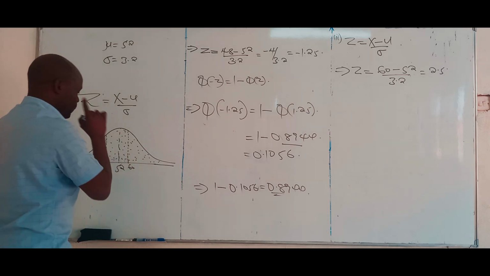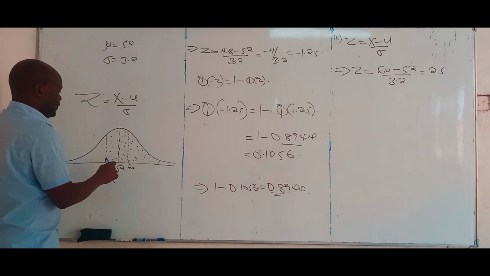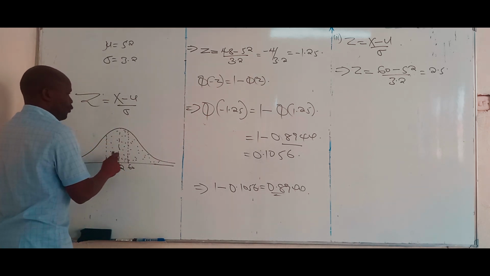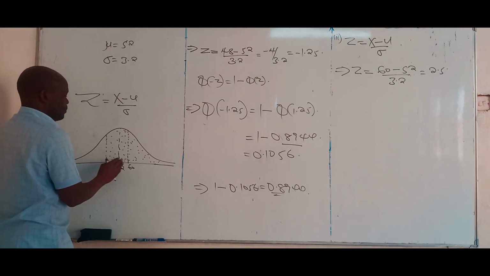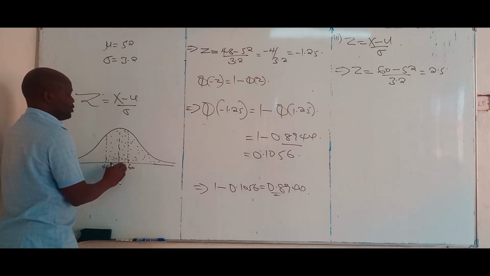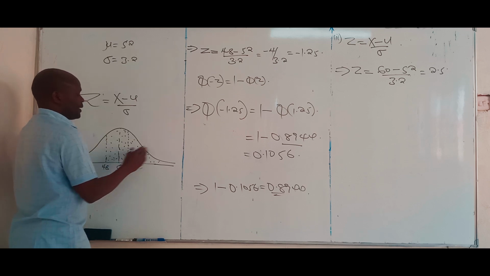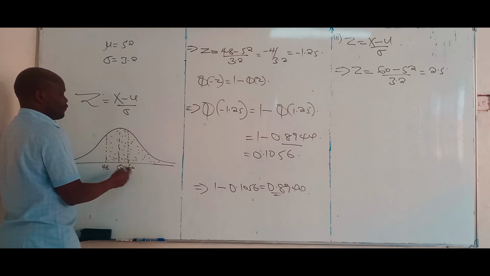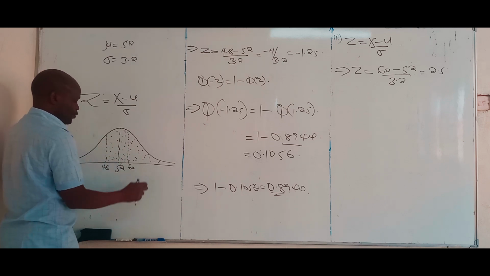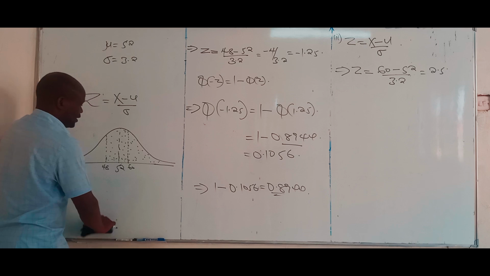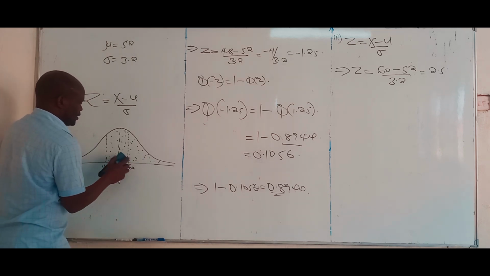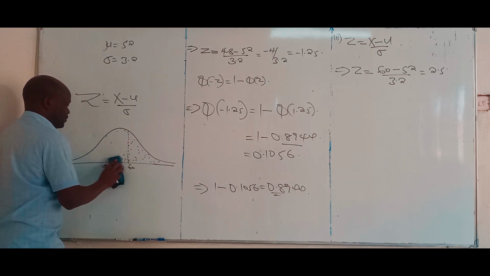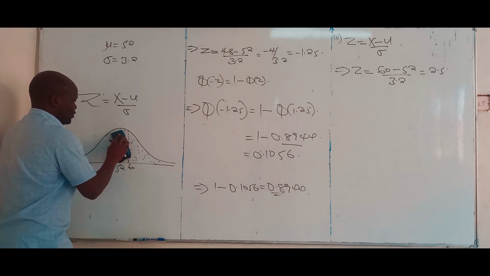If I want greater than, then it means that the z of 2.5 will define the probability from 0 up to 60. But being that I want the probability from greater than 60, having found the probability from 0 to 60, I subtract from 1 to get this particular region. This is now the region of interest.